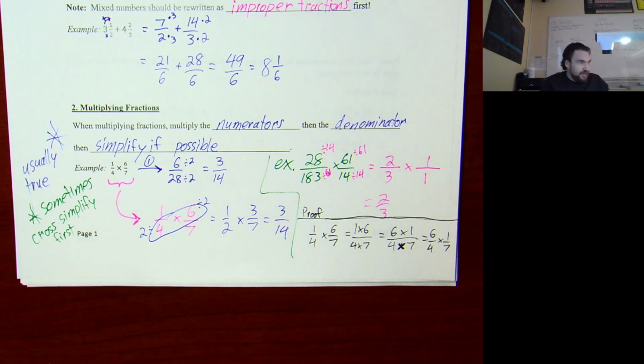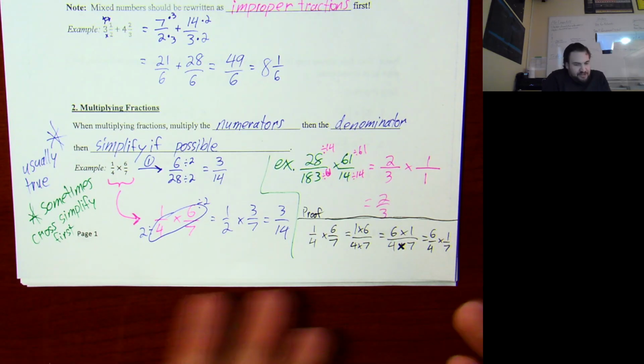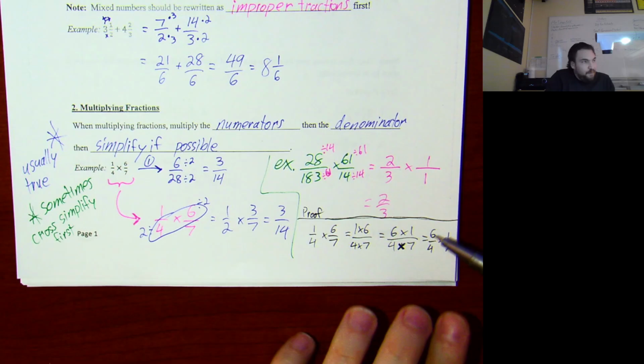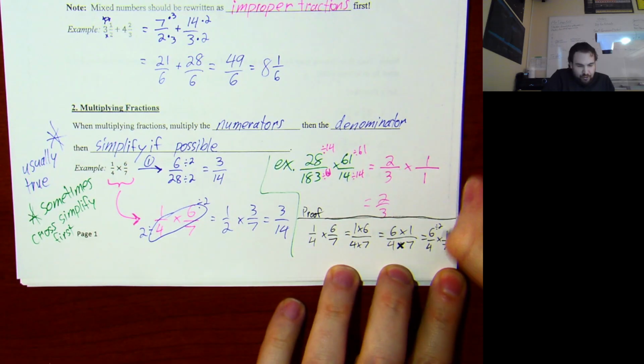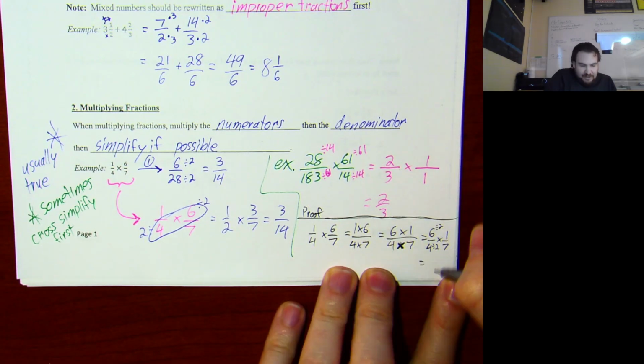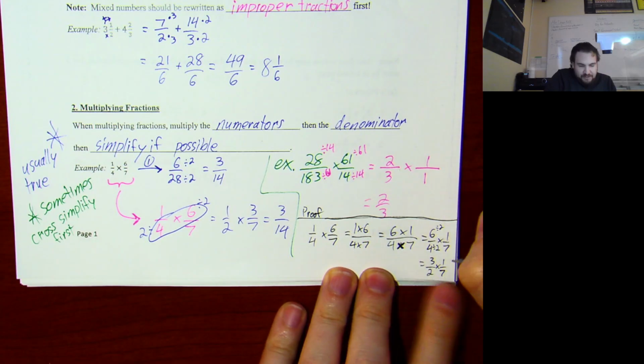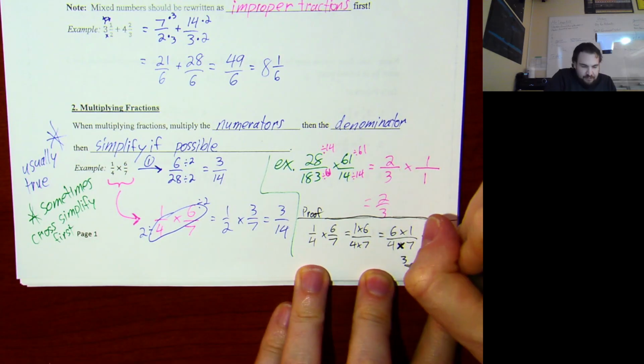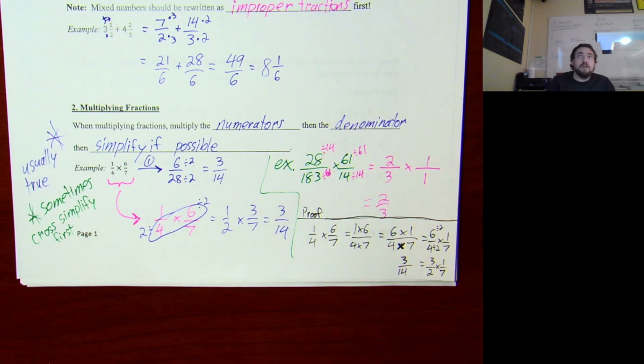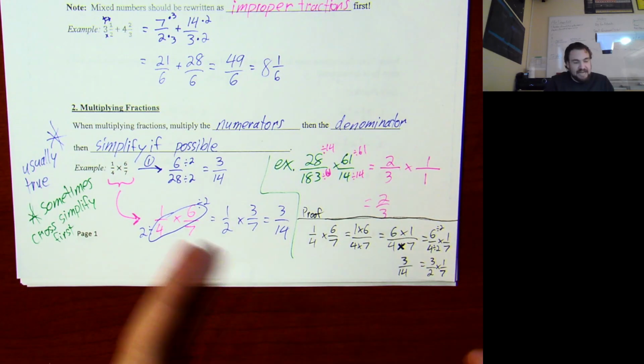We're all still good? And we can reduce fractions. We're allowed to do that, right? Because it's just a fraction. So 6 and 4 are both divisible by 2. 6 divided by 2 is 3. 4 divided by 2 is 2. Times 1 over 7 gives me 3/14, which is exactly what we started with.